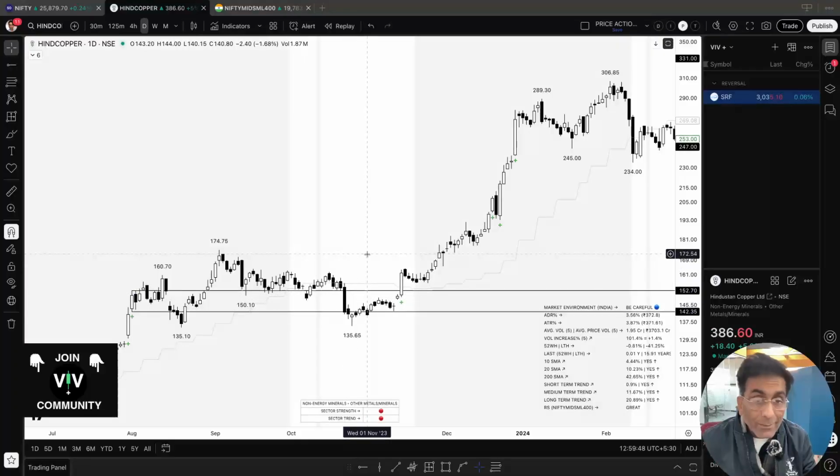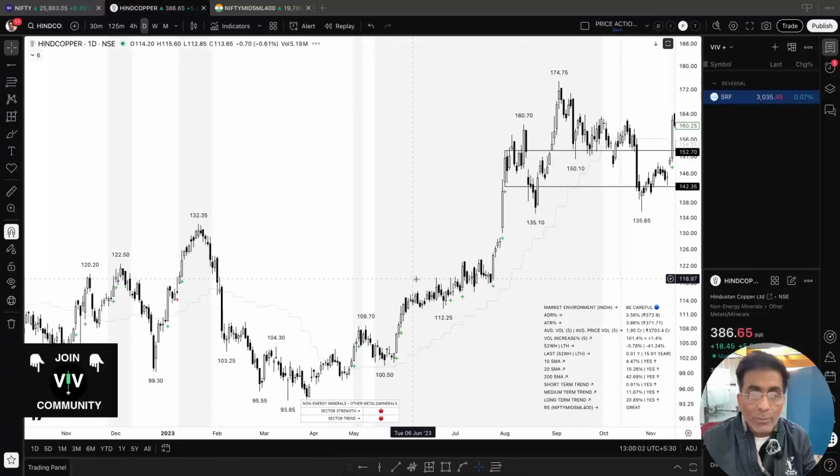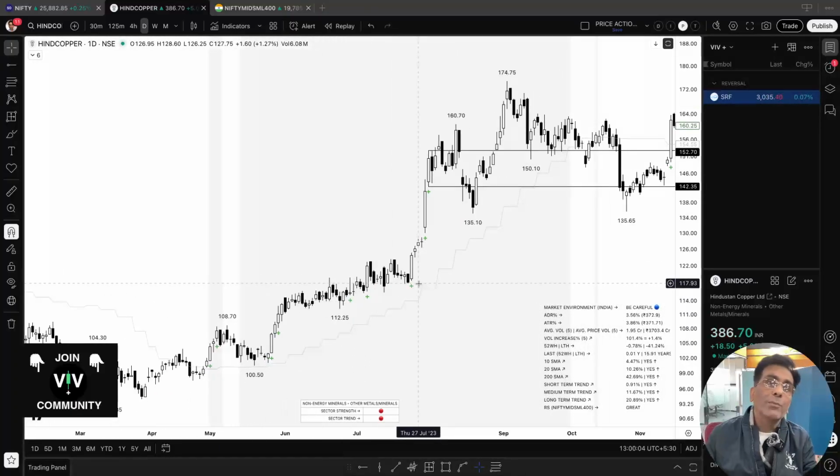So a risk, we have to calculate the risk. Means if it breaks below the 10-week moving average, I will exit. Next time if it goes up again, I will take a trade again. So this is how you can find high probability trades, because in a bullish market we have observed that the 10-week moving average is the area or the zone where demand always generates.